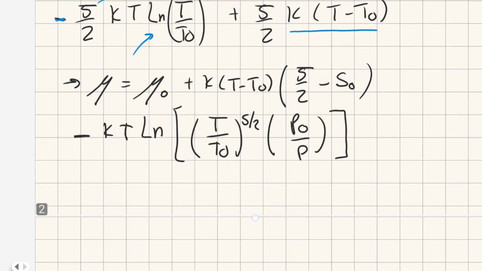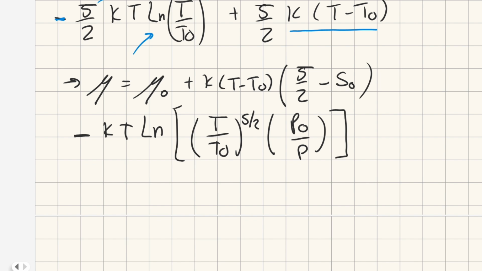Perfect. So it is very interesting to notice that what we have here is actually the difference of the chemical potential with respect to the initial state, right? Because we can see this as mu minus mu zero equals all this. That is the change in the chemical potential from the initial state to the final state. And we see that it is directly proportional to the magnitude kT.